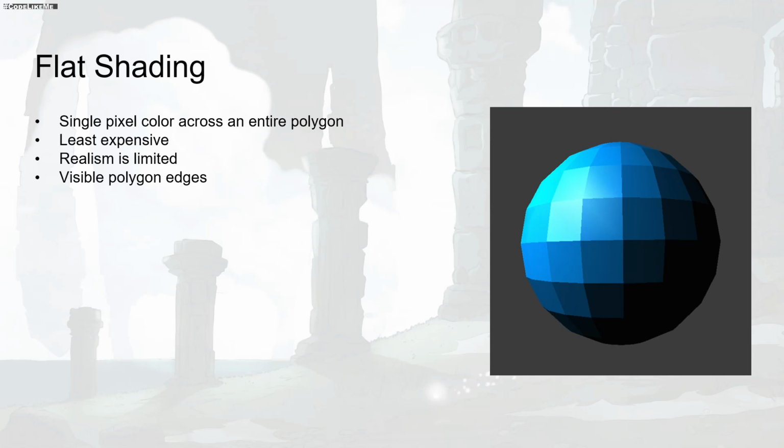So yeah, this is flat shading. This is the least expensive model, but realism is limited and polygon edges are visible. Those are the limitations here. But since this is least expensive, maybe this would be better for mobile platforms, but actually it depends on the game you are developing.